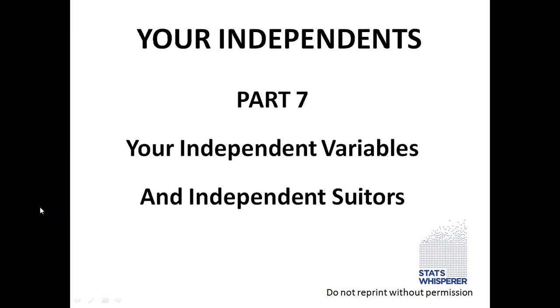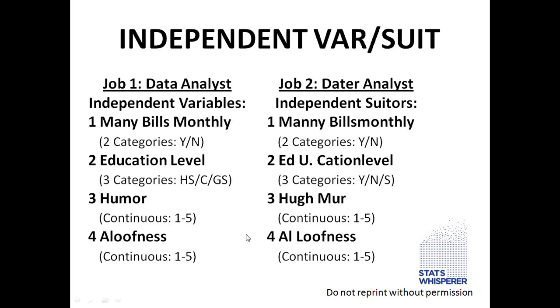So then, if we're going to have dependence, we need independence, right? We need independent variables to match up with our dependent variables, and we need independent suitors to match up with our dependent clients. So here's what we got. We're going to be looking at happiness as a dependent variable, and we're going to compare it to these independent variables.